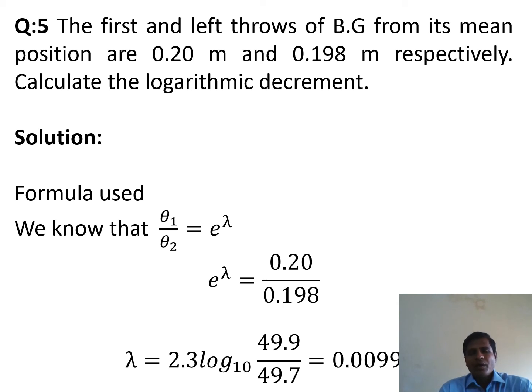Now taking log on both sides, we get lambda is equal to 2.3 log to the base 10, 49.9 upon 49.7. After simplification, lambda comes around 0.0099, which is the logarithmic decrement of the ballistic galvanometer.